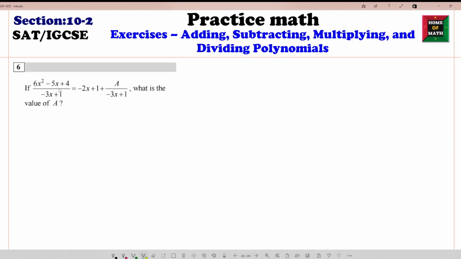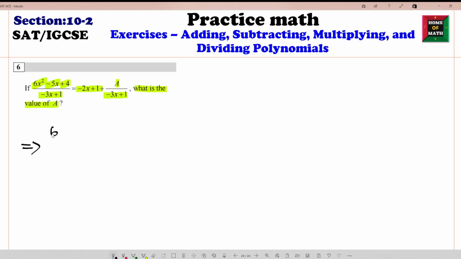If 6x square minus 5x plus 4 divided by minus 3x plus 1 equals minus 2x plus 1 plus a divided by minus 3x plus 1, what is the value of a? So first we separate this one.